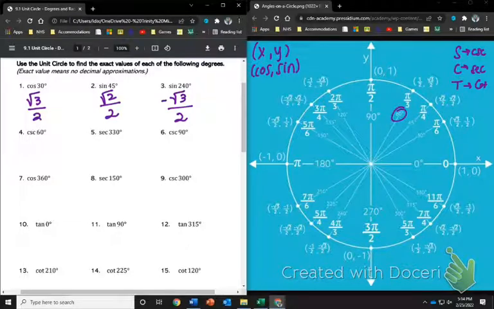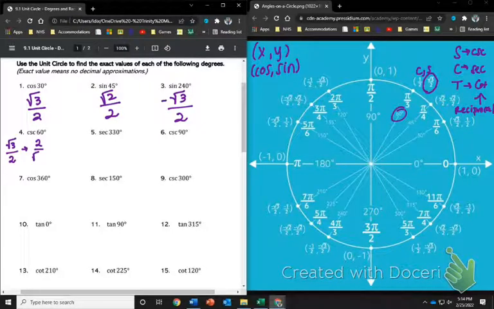Okay, so in this particular case, cosecant of 60, I need to take my sine value. So here is 60 degrees. These are reciprocals. I'm going to write that down. Reciprocals. There we go. So here's my ordered pair. I'm taking my sine value, the square root of 3 over 2, and I'm going to flip it.